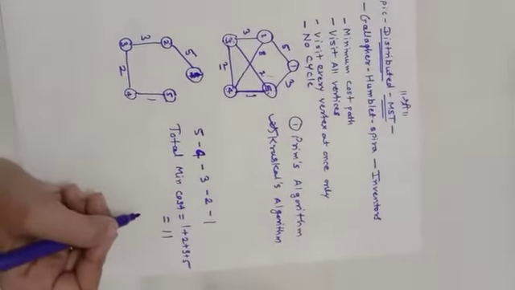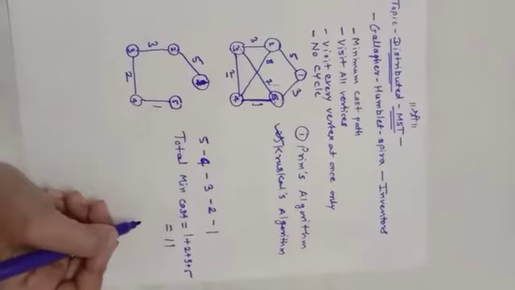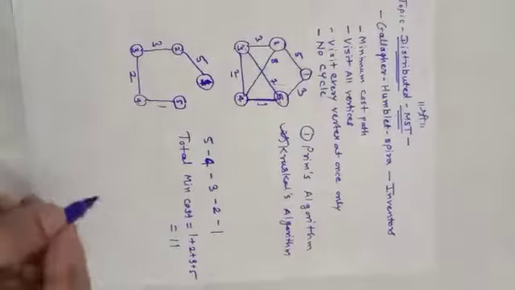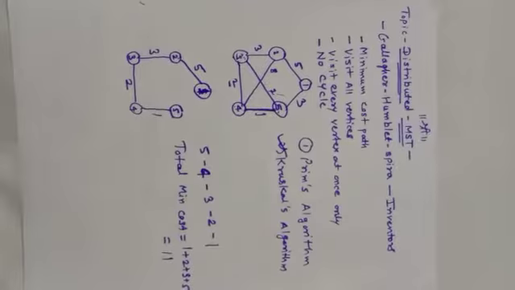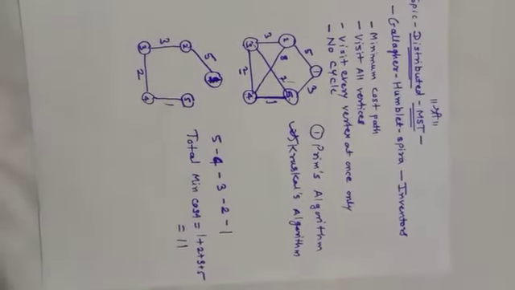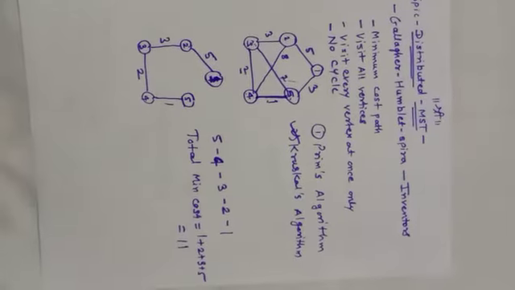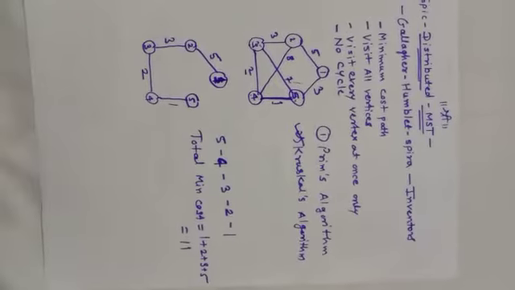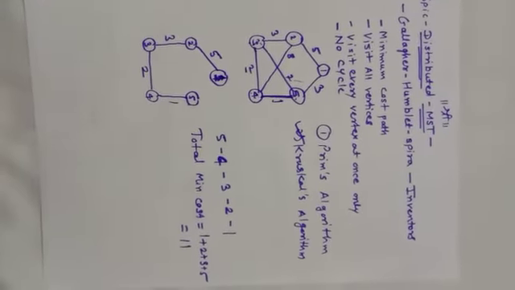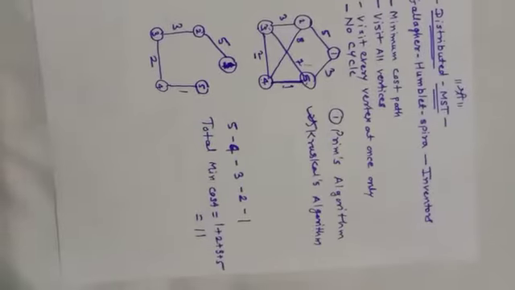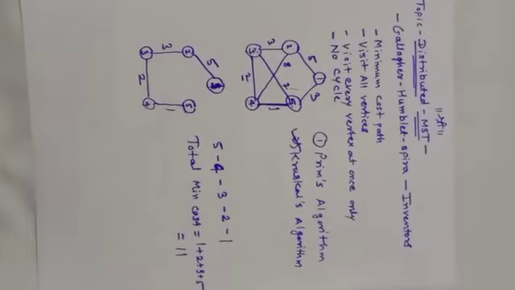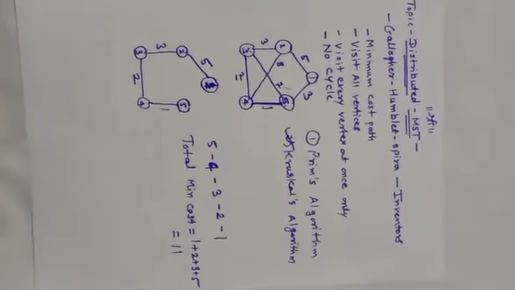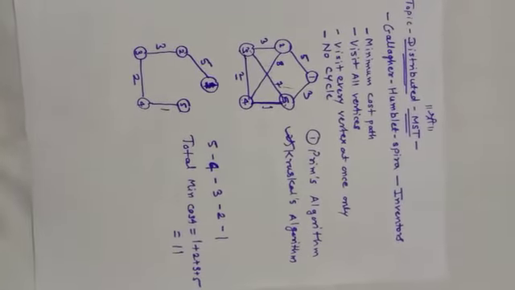This is the final answer for distributed MST. Distributed means the same task is distributed to all the vertices parallelly. They work on it and have their own answers, and finally we get the final answer. This is distributed minimum spanning tree through Kruskal's algorithm, right?